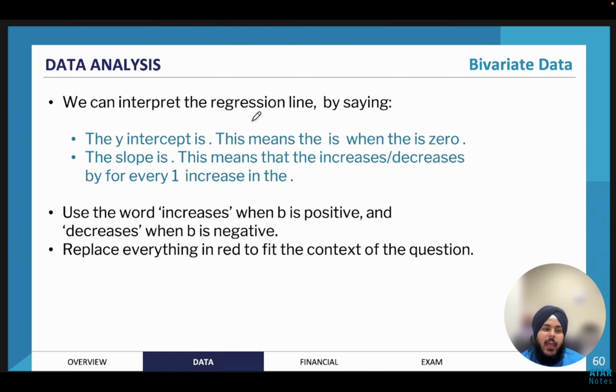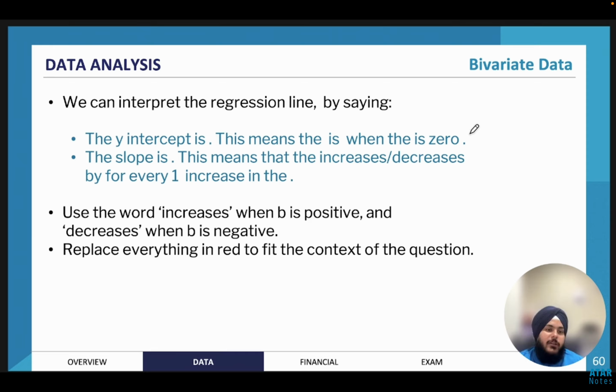In this particular example, it's not going to make much sense, but if the weight of the orange was 0 kilograms, what's going to be the height? Obviously, you'd expect 0, but in terms of the model, it might be a little bit higher or a little bit lower, just because it's a model and doesn't 100% accurately represent real life. Okay, so that's how we can interpret the y-intercept.